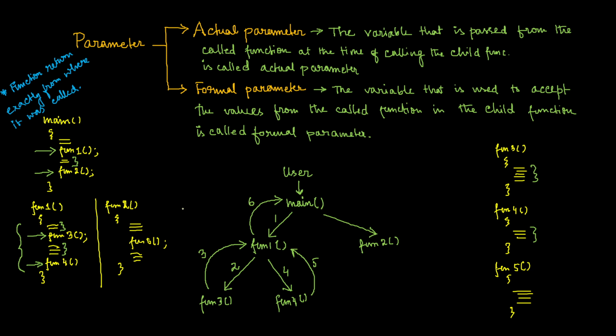And now what will happen? As soon as function 2 is called, the control of the processor will jump from main to function 2 and the code of function 2 will start executing. So some set of lines of code will execute over here and then the processor will again see that I have a function call from function 2.